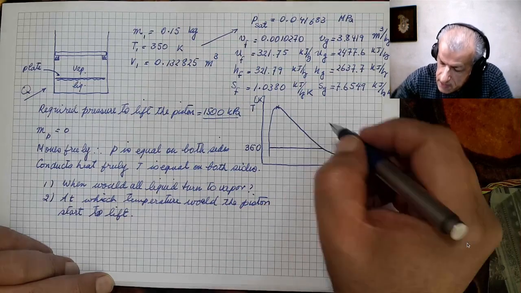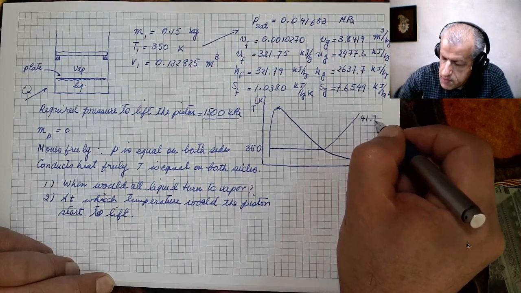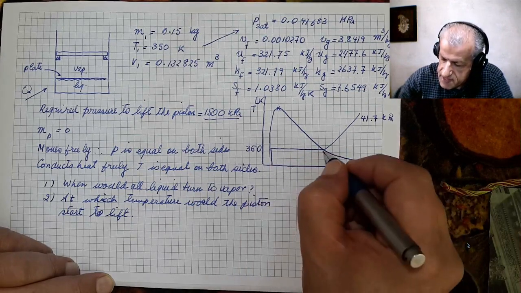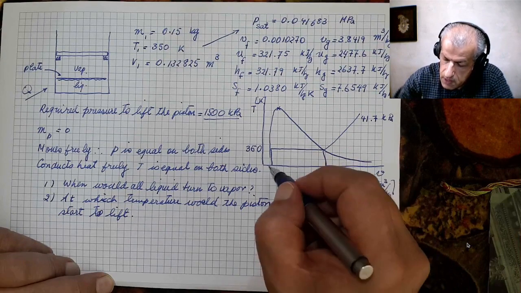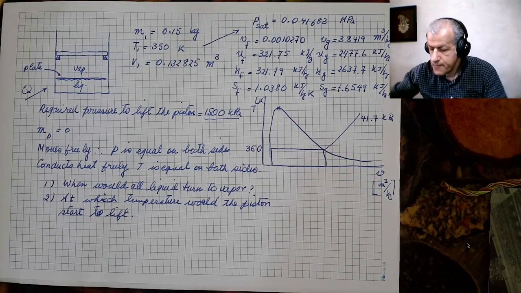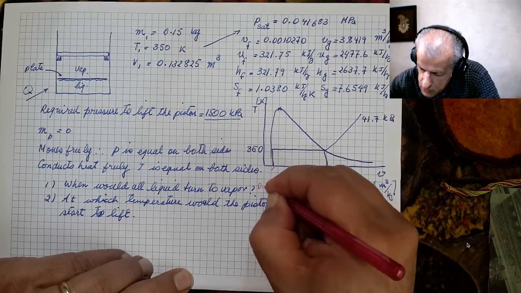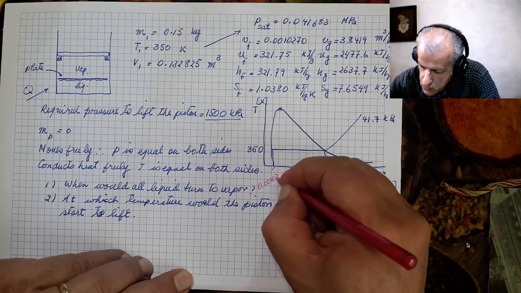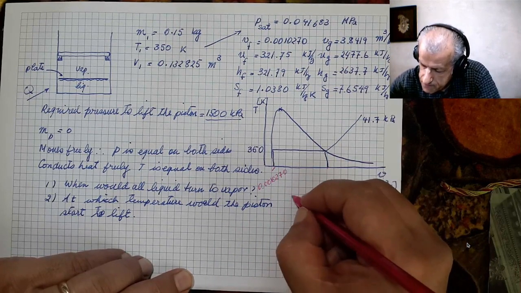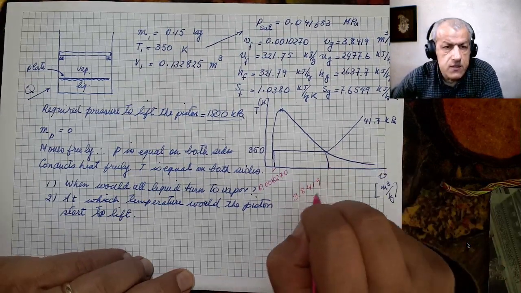The pressure on it, this is the constant pressure for it, which is 41.7 kilopascals, and the values that we have just read from the tables give us these two values: this one is 0.001070, and this value is 3.8419. So we have these two values.